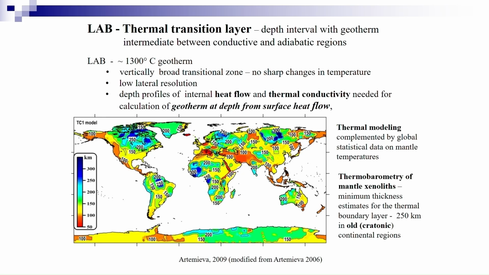Moreover, depth profiles of internal heat flow and thermal conductivity are needed for calculation of geotherms at depth from surface heat flow data. The thickest lithosphere, the deepest LAB, is in cratonic regions in Northern America, Brazil, Western and South Africa, Baltic Shield or Siberia.